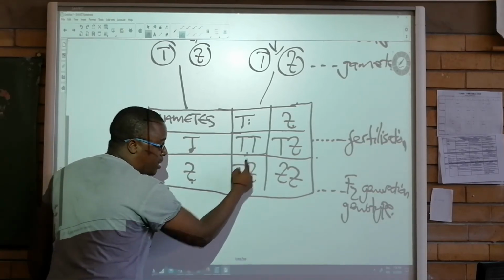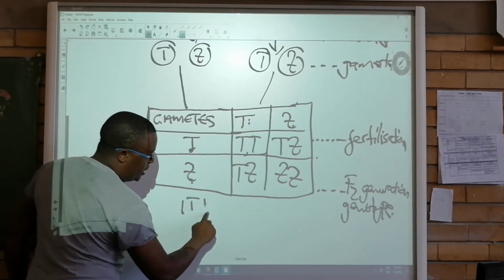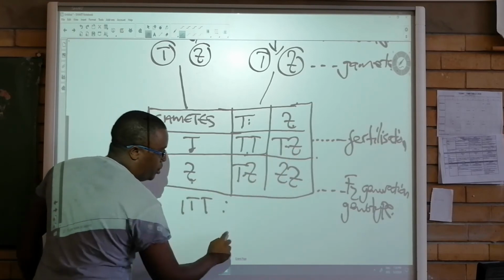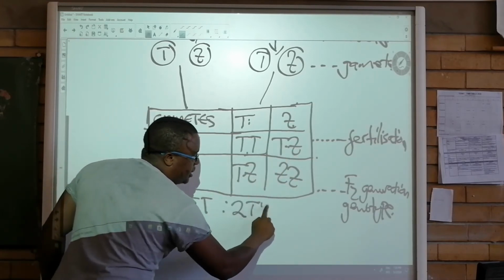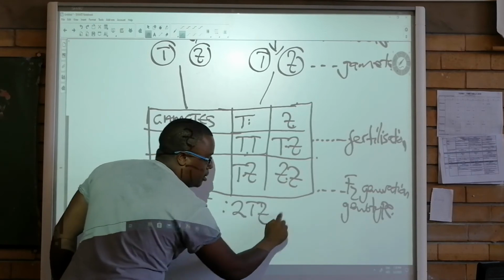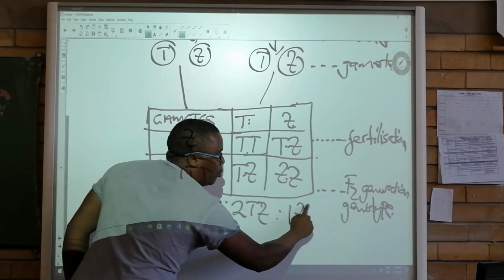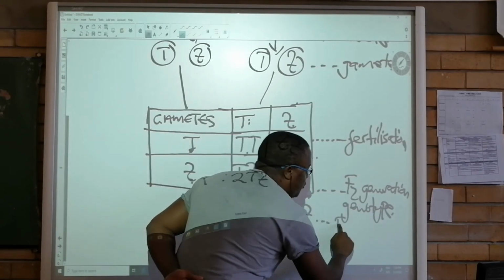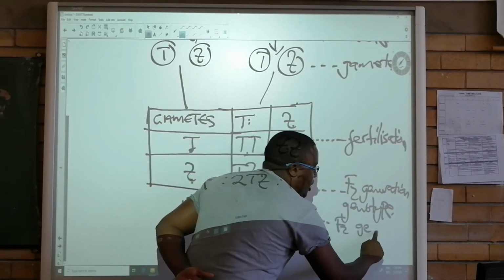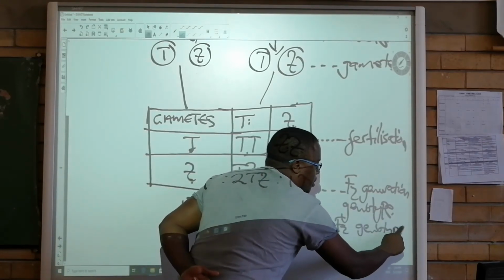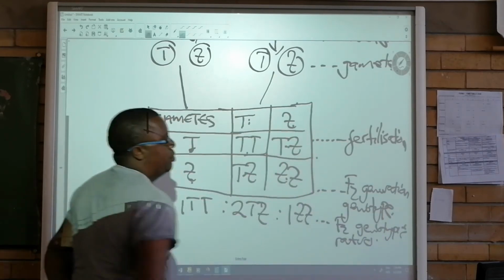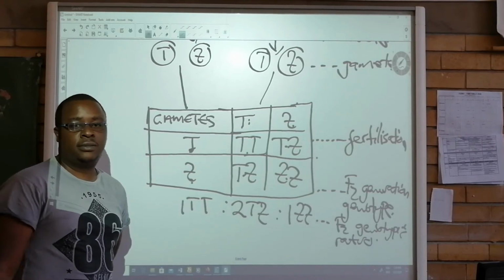So I have 1 homozygous dominant is to 2 heterozygous, and then 1 homozygous recessive, and then I write F2 genotypic ratio. I hope that makes sense.